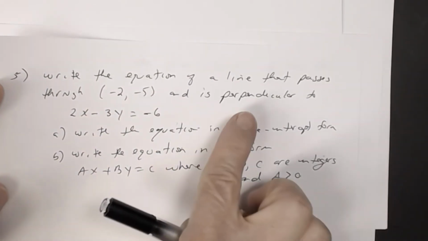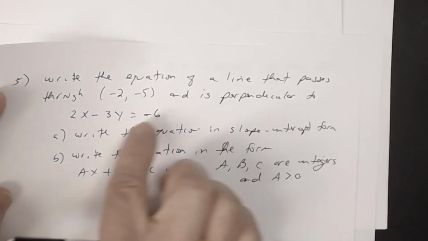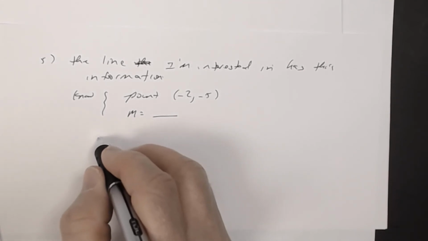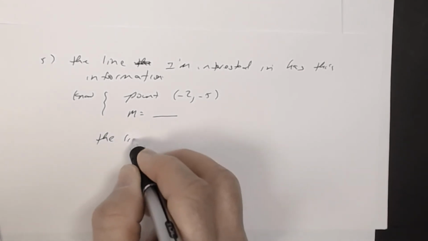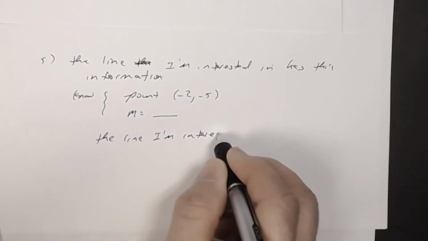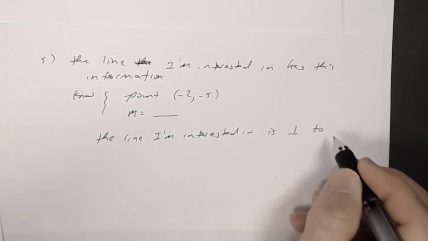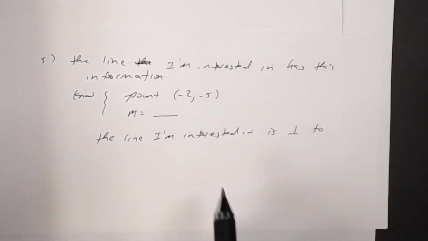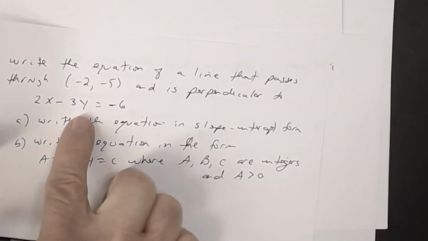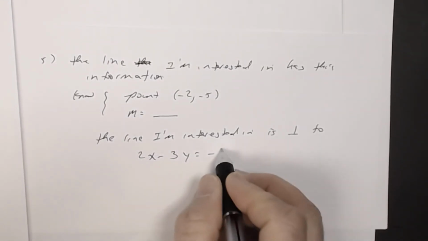And I need to know the slope. Now they don't come out and tell you what the slope is, but they do tell you that the line I'm interested in is perpendicular to the line that has this equation: 2x minus 3y equals -6.